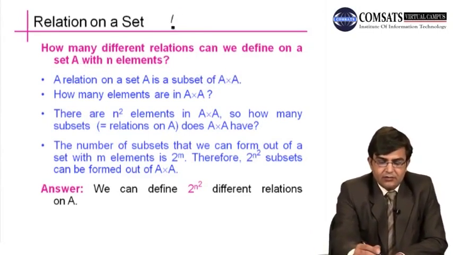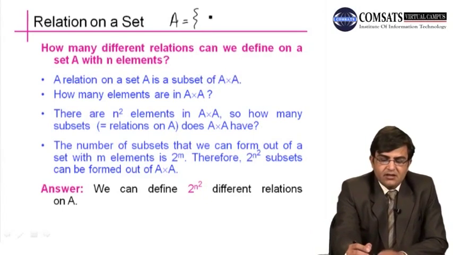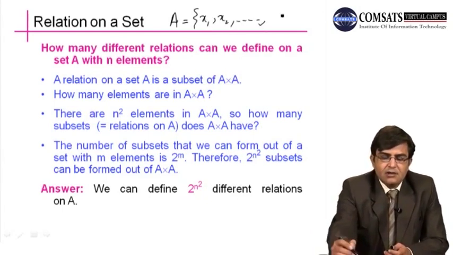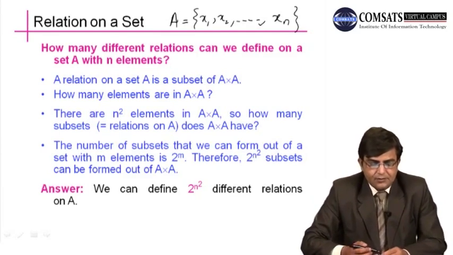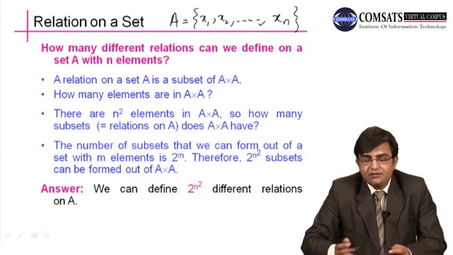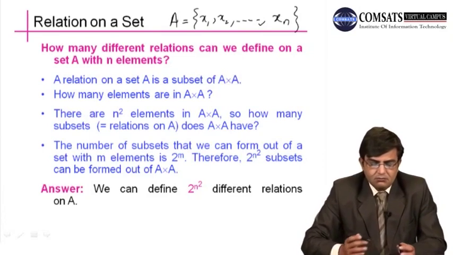Now we have set A where A has, for example, x1, x2 and so on, xn, means A has n elements. N is some positive integer. A has 2, 3, 5, 10, 50 elements.